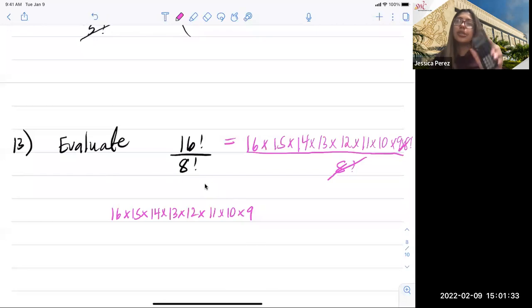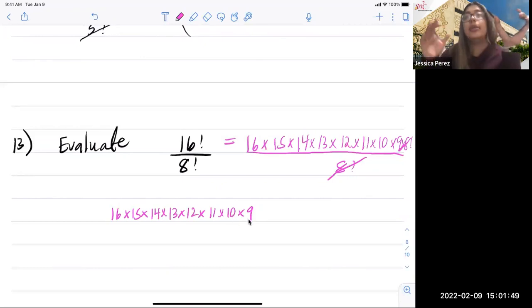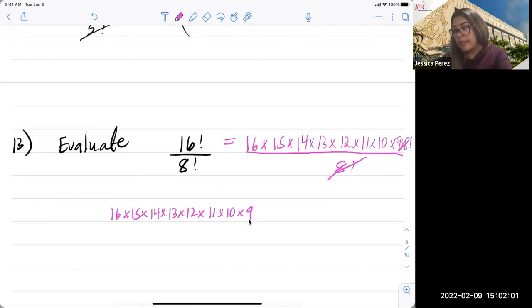But make sure you do this slowly. When you're inputting it on your calculator, don't miss a number, okay? A lot of people like to skip. So 16, 15, 14, 13, 12, 11, 10, 9. Make sure you're going in reverse order. It's a big number.